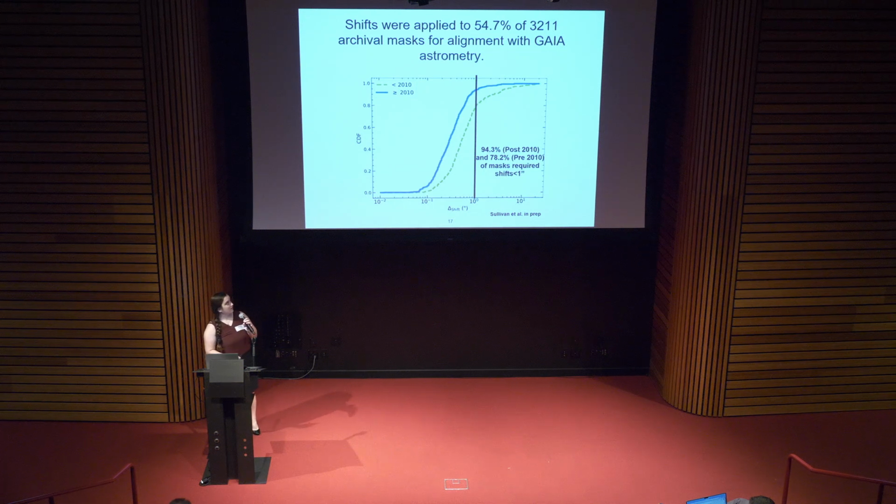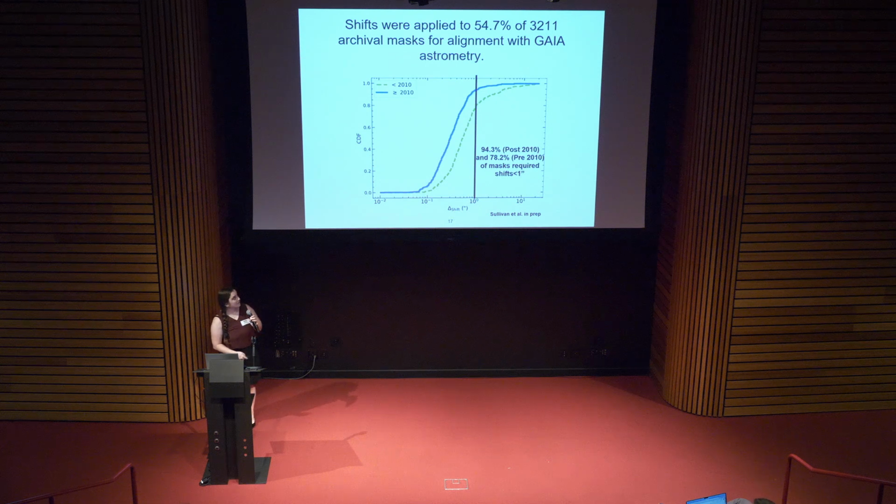And of those masks that we applied shifts to, the overwhelming majority of those masks needed shifts of about an arc second or less. So this is on the order of the width of your science slits or less.